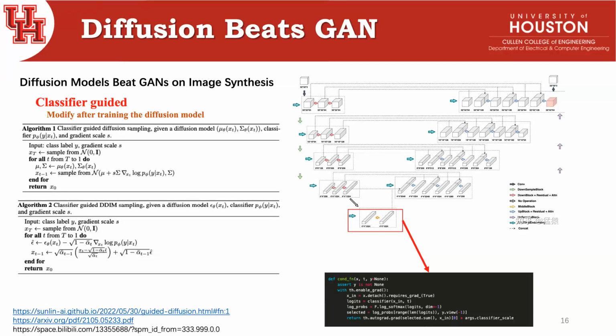So this is what we call a classifier guide. But actually, when you see this formulation, there are a lot of math formulas behind it, so I did not mention that. You can just understand it from the high level.